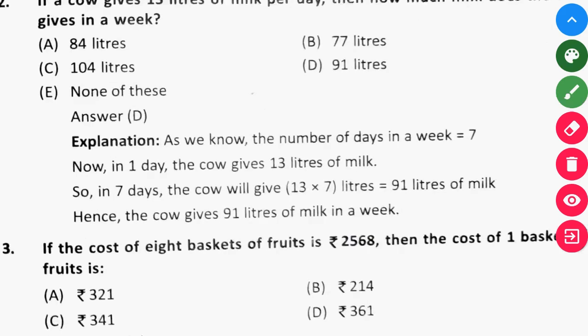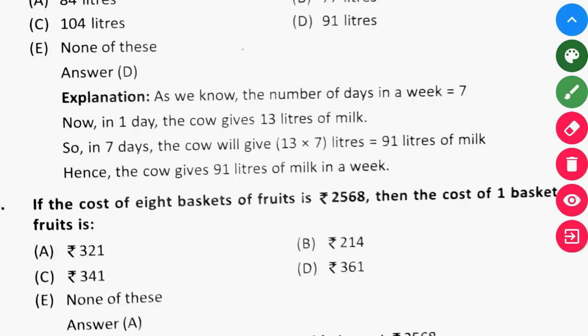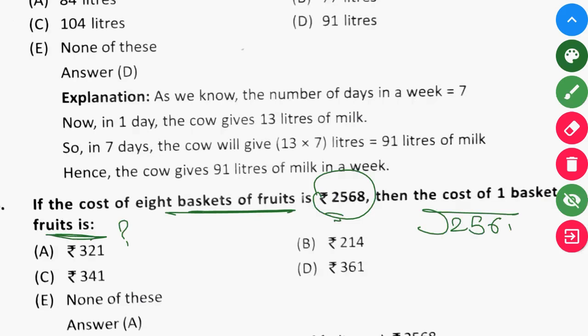In the same way, you can see: if the cost of 8 baskets of fruit is 2568, then what is the cost of one basket of fruit? Again here you have to do division, because you know the cost of 8 baskets, that is 2568, and we have to calculate the cost of one basket.